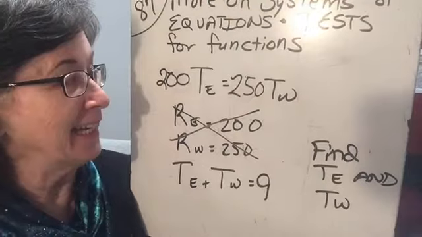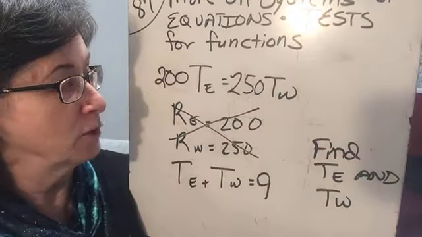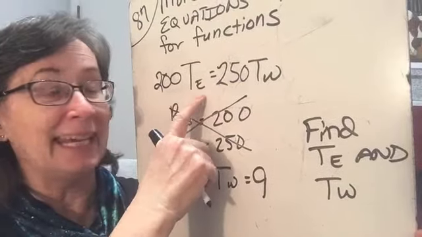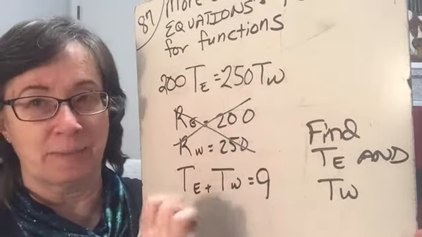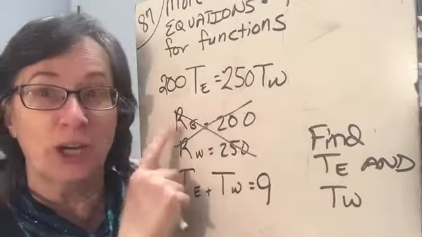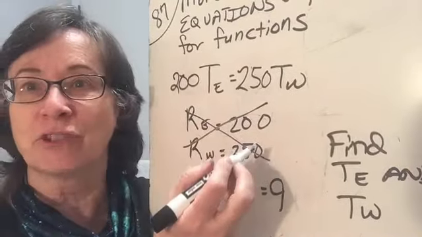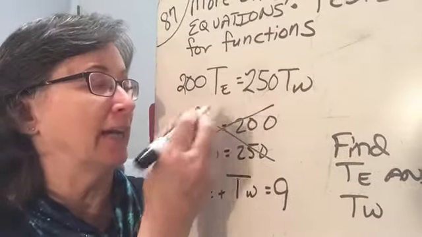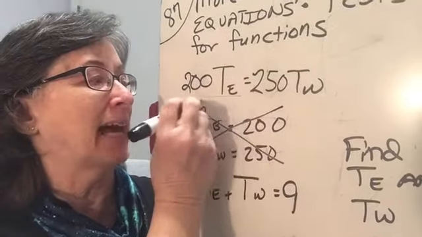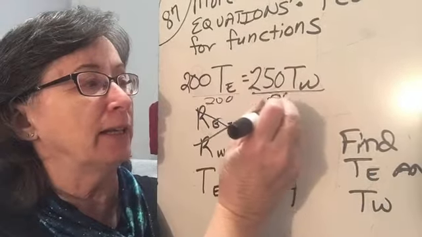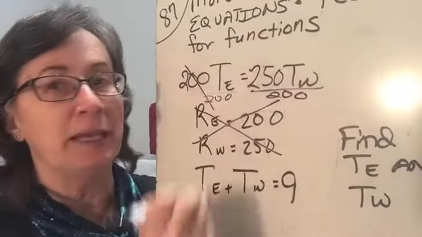So I can either substitute T sub E in terms of T sub W, or T sub W in terms of T sub E. So let's just solve for T sub E since it's sitting right here. I'm going to divide this side by 200, and I'm going to divide this side by 200 to get the T sub E by itself.